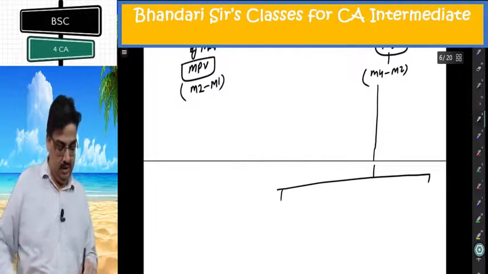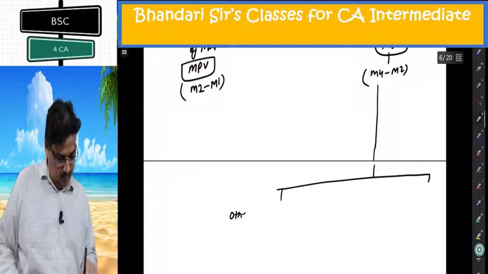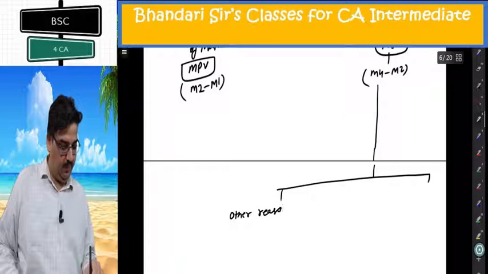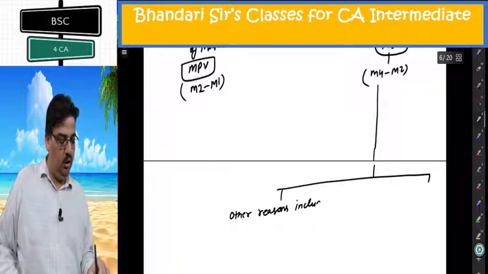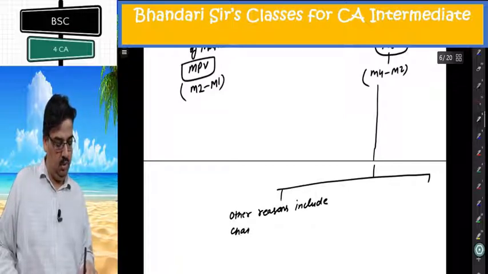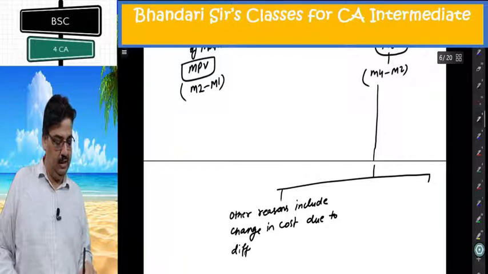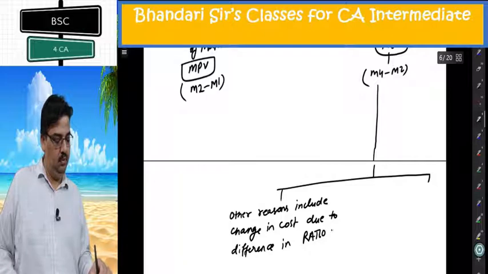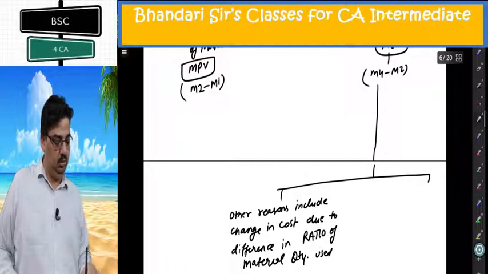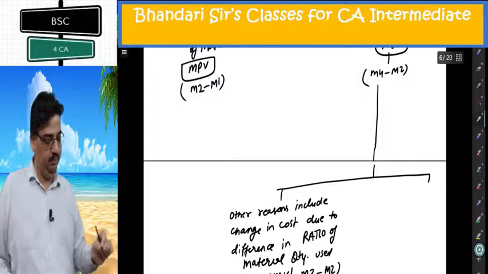Those other reasons include change in cost due to difference in ratio of material quantity used, material mix variance, M3 minus M2.